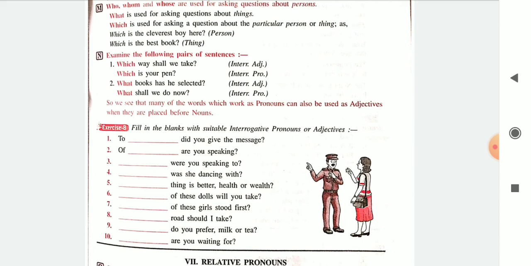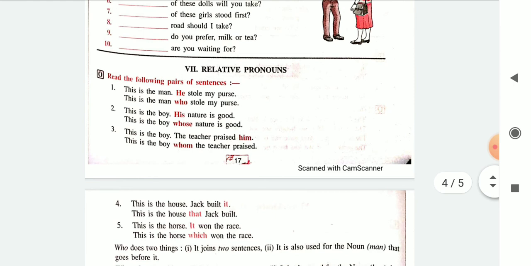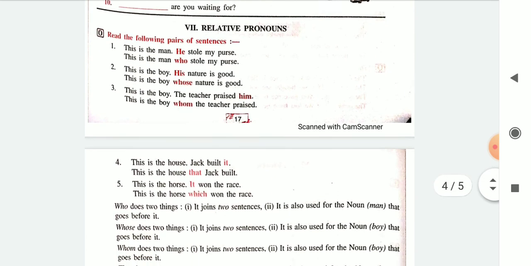To whom did you give the message? Of whom are you speaking? That is the second one. The third is, whom were you speaking to? That is the third. I hope you will be able to do this. Exercise 8. You want me to do one more? Okay, 9. What do you prefer, milk or tea? Come on, now I'm sure the rest of the sentences you should be able to fill up.